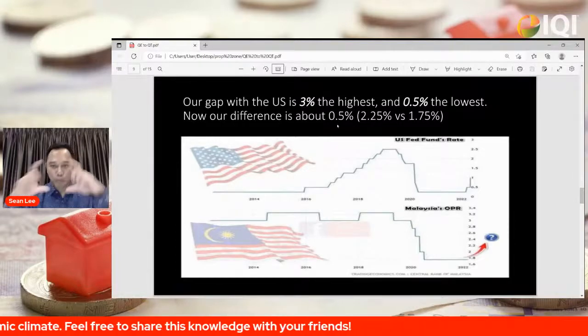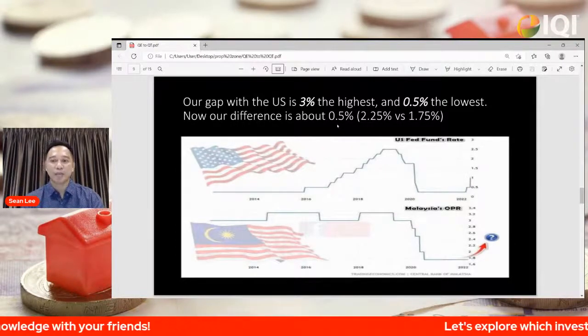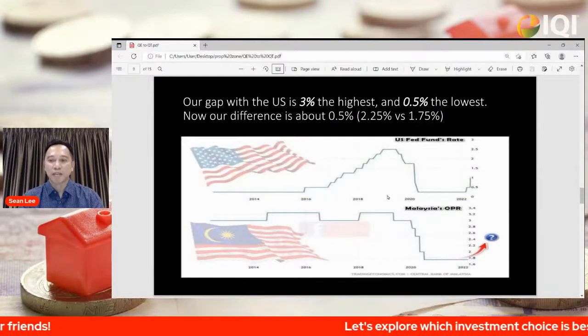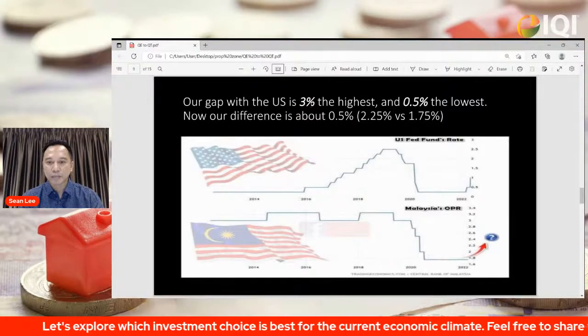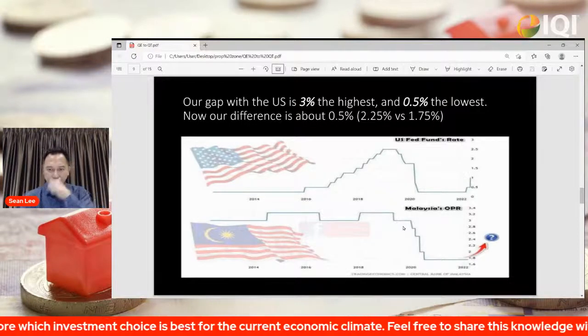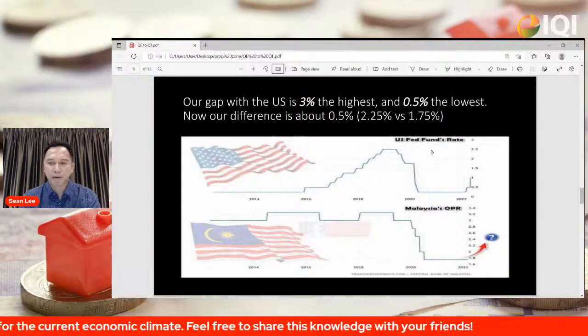The biggest spread between the OPR and the Fed fund rate is actually about 3%, using the Malaysia OPR minus the Fed fund rate.